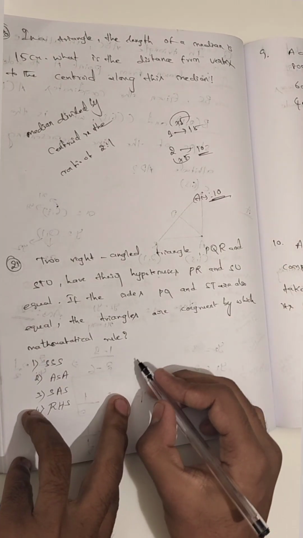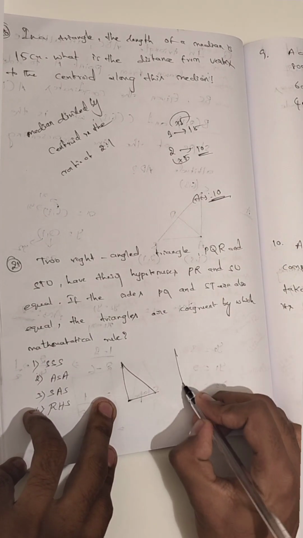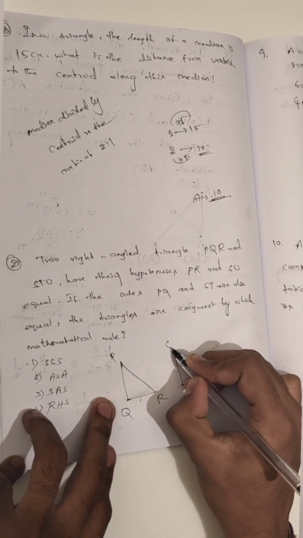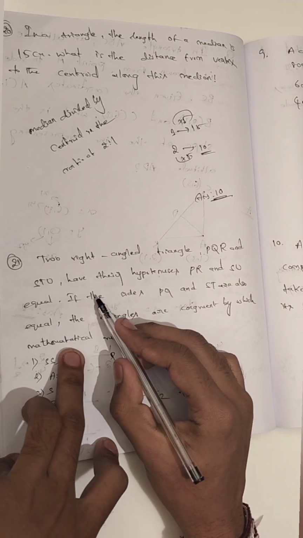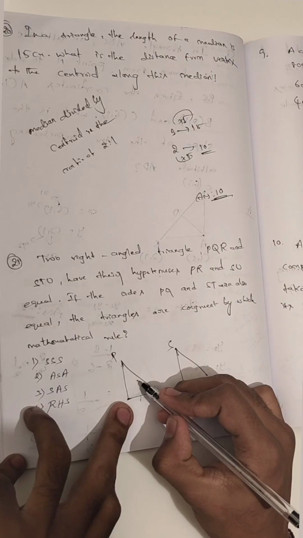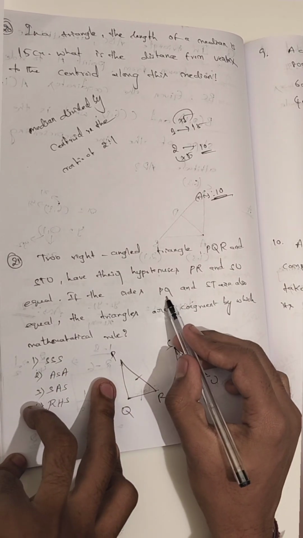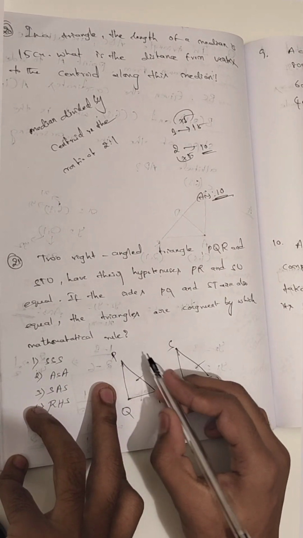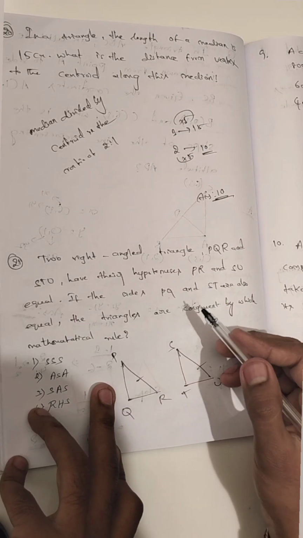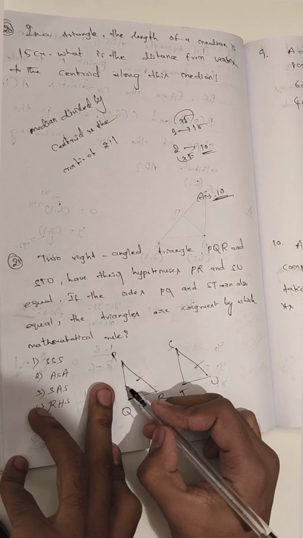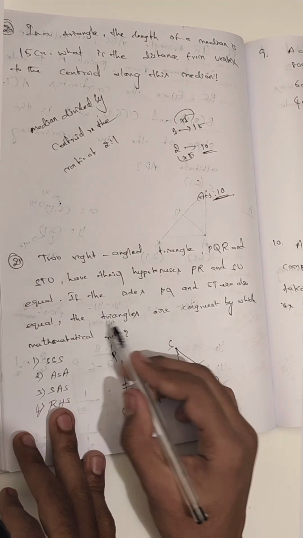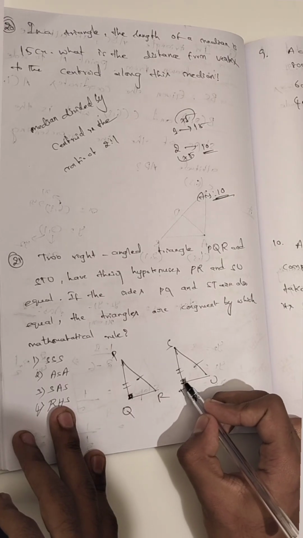Two right angle triangles. I am going to draw the picture for this. P, Q, R and S, T, U have their hypotenuse PR and SU. Okay, fine. If the sides PQ and ST are also equal, it is 90 degrees here.